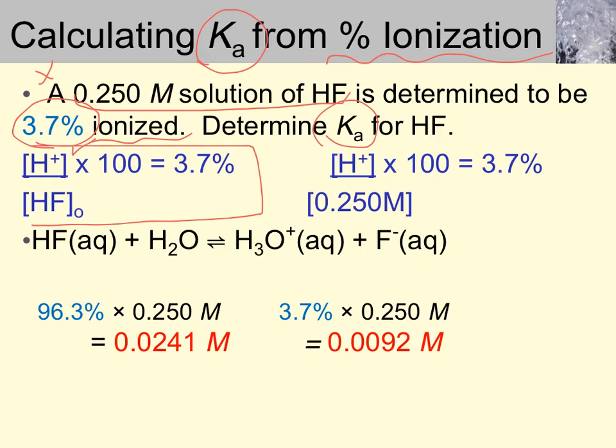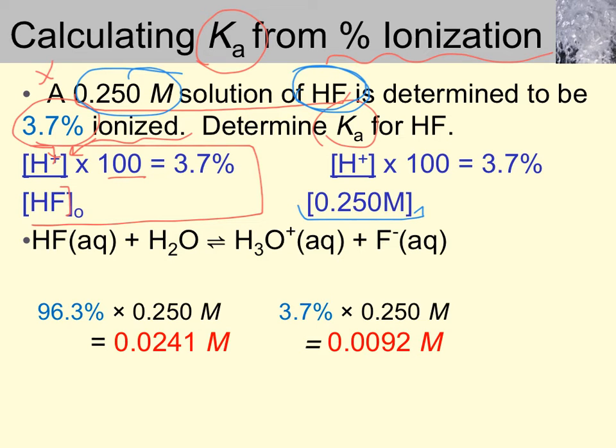It's the concentration of the hydronium ion. I've just gotten lazy here and put hydrogen ion over the concentration of the original weak acid times 100. What information did we get from this problem? Well, let's see. They gave us the concentration of the original weak acid. That goes in the denominator.